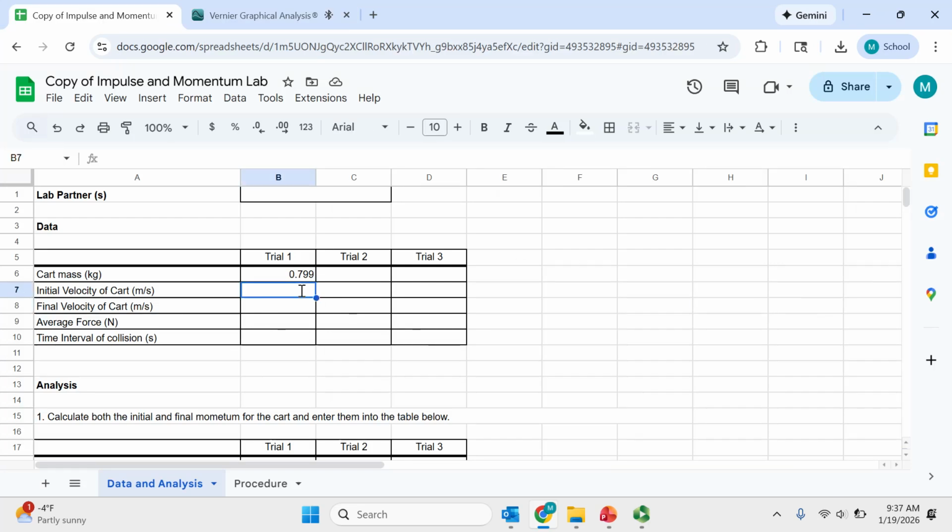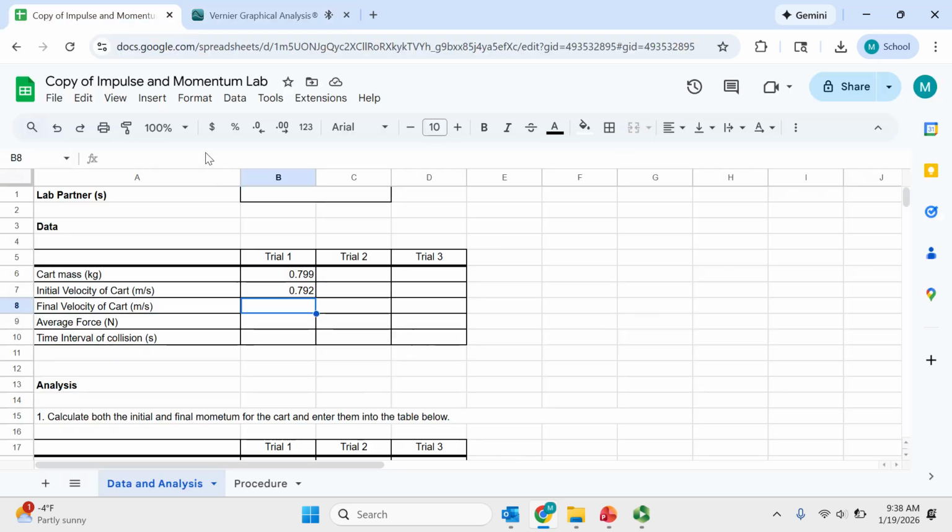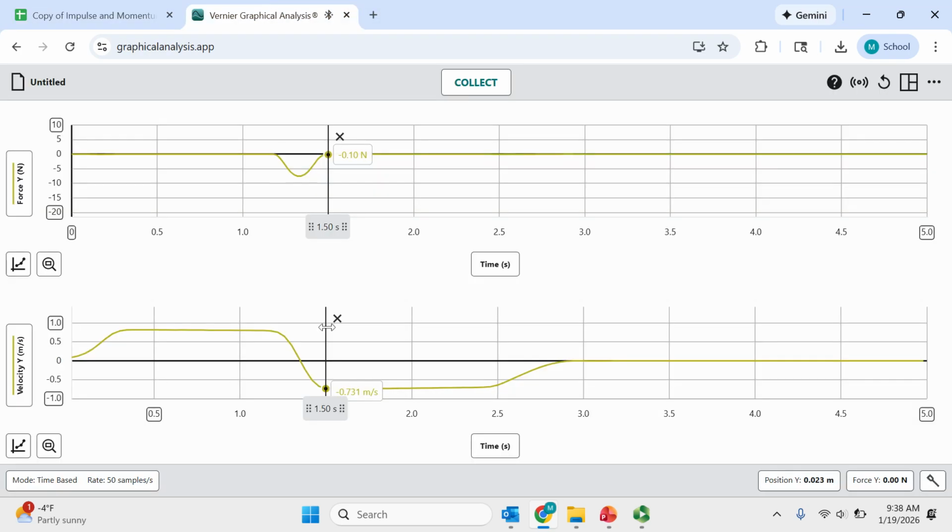Then for my final velocity, I'm going to drag and find when force equals 0 for the first time, or gets close to 0. I think we could say right there is probably where it's ending. And so I have negative 0.731. If we look at the top, that's about where that bump ends. So negative 0.731 is my final velocity. So there I've recorded my initial and final velocities.